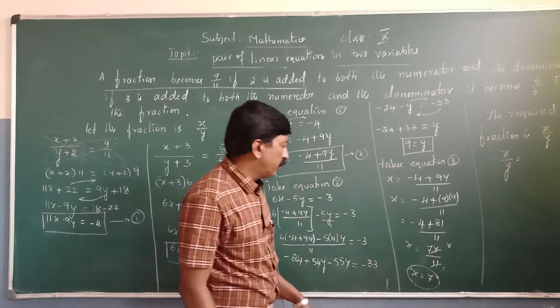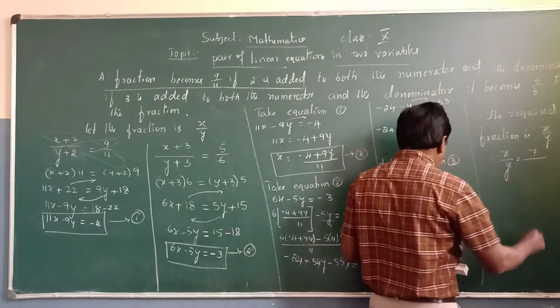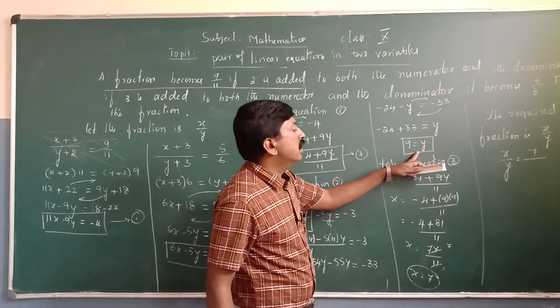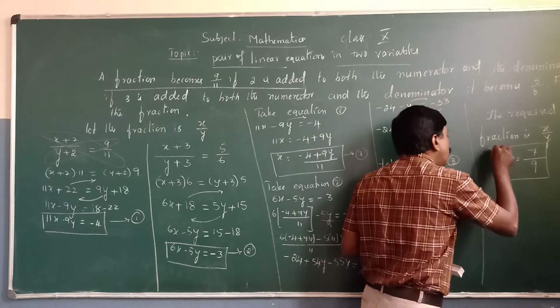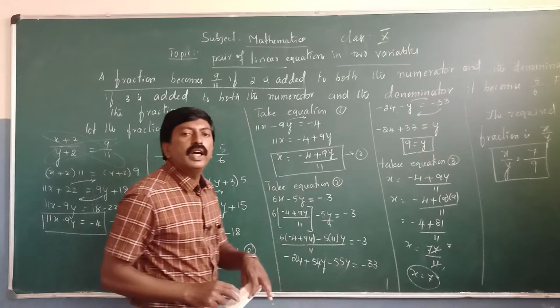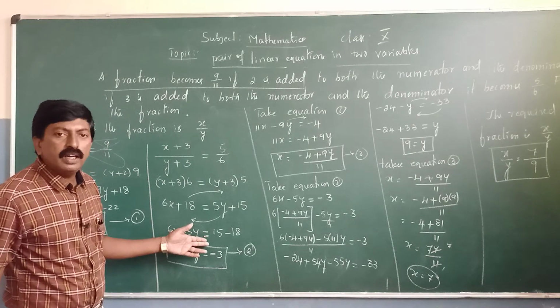What is x? Yes, it is 7, divided by y, which is 9. Therefore 7 by 9 is the required fraction.